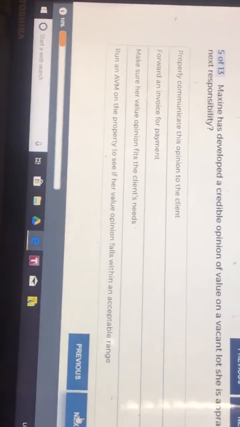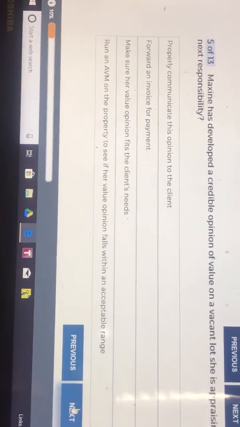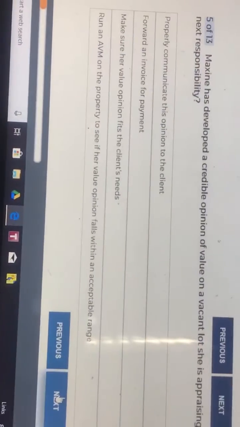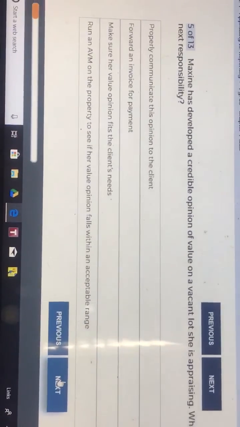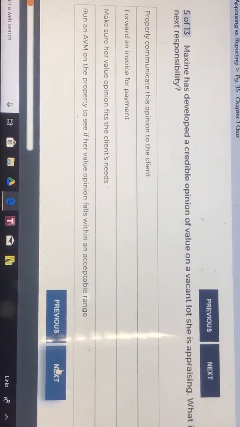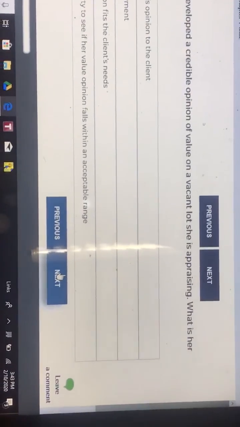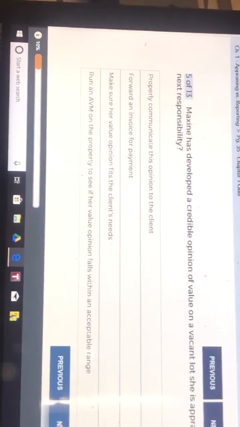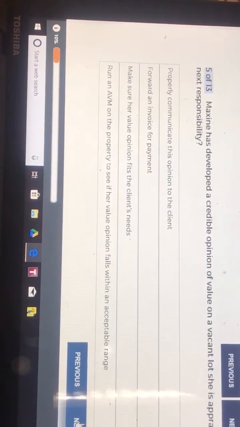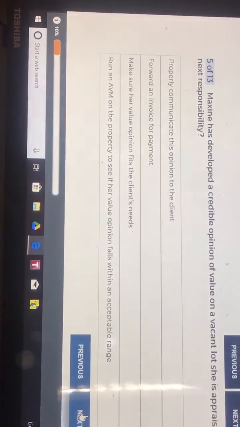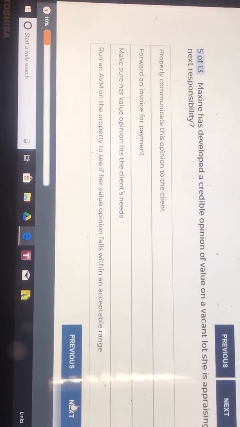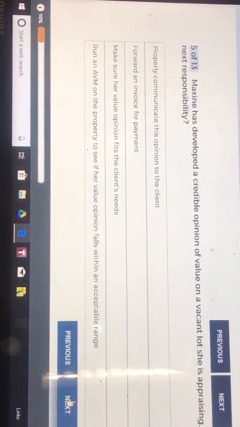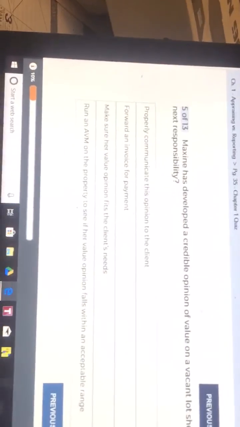Or D, run an AVM on the property to see if her value opinion falls within an acceptable range. I'm going to go with properly communicate this opinion to the client.